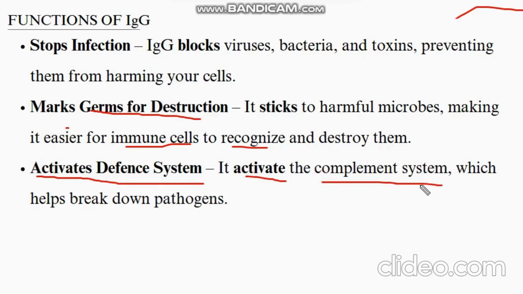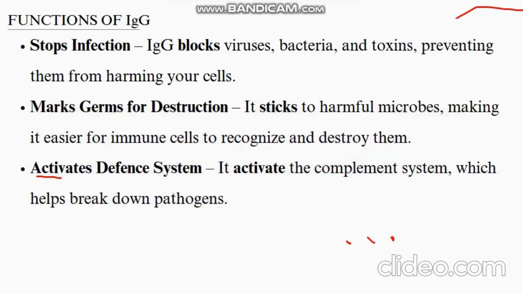In the earlier slide we have already discussed the complement system. It is a group of proteins which work together to destroy the pathogen or microorganism. So that is called the complement system. So it helps in stopping the infection. It will mark the germs for destruction, then activates the defense system, that is the complement system.